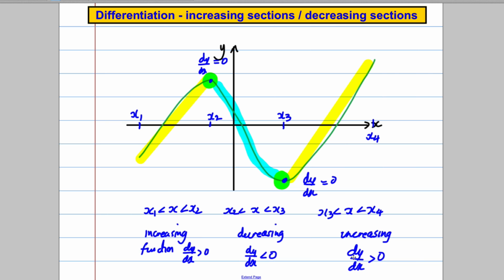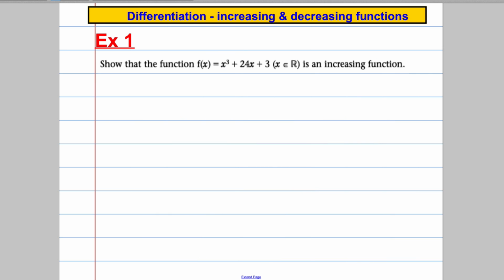Right, I'm going to do two simple examples for you, and I'm going to show you how these style of questions come up. Here's example 1. Let's copy this down. Show that the function f of x is equal to x cubed plus 24x plus 3 for x belongs to the real numbers is an increasing function.